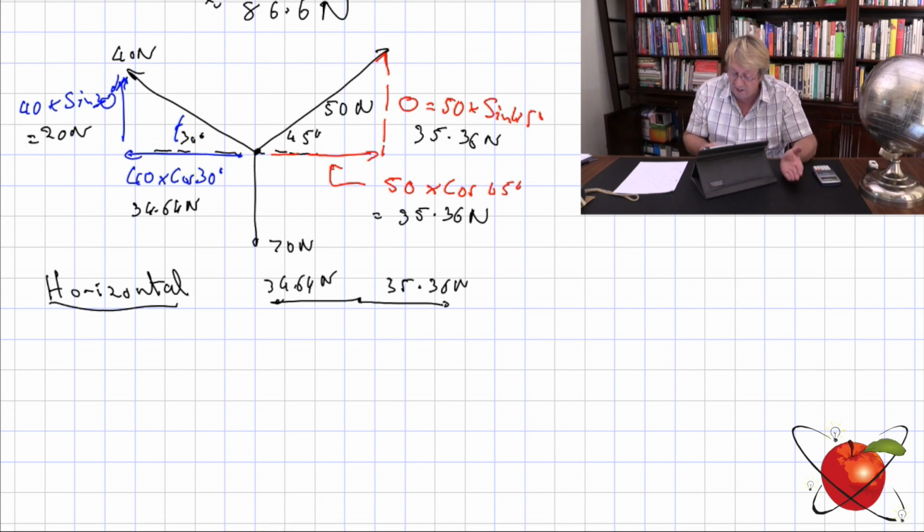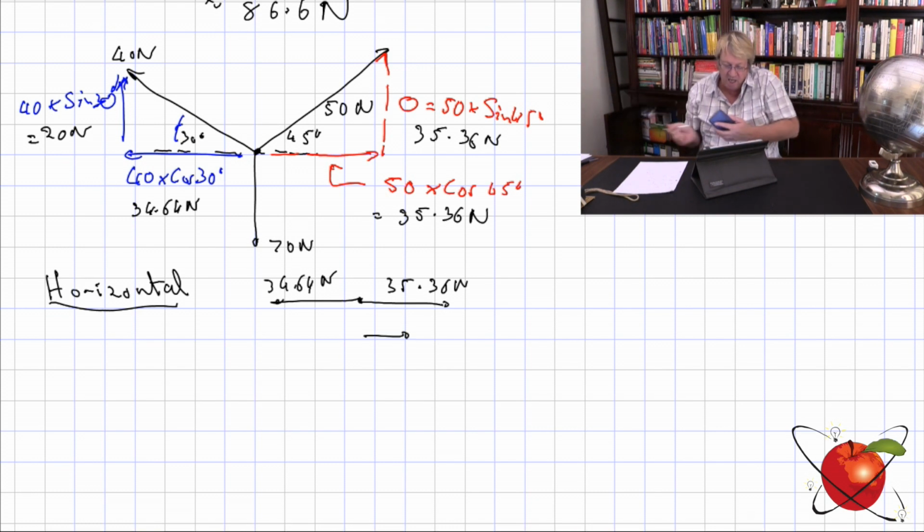It's very close, but it's not. Do we have a resultant force in this direction? Yes, we do. It's going to be a small force acting that way, of 35.36 pull that way minus 34.64, is 0.72.